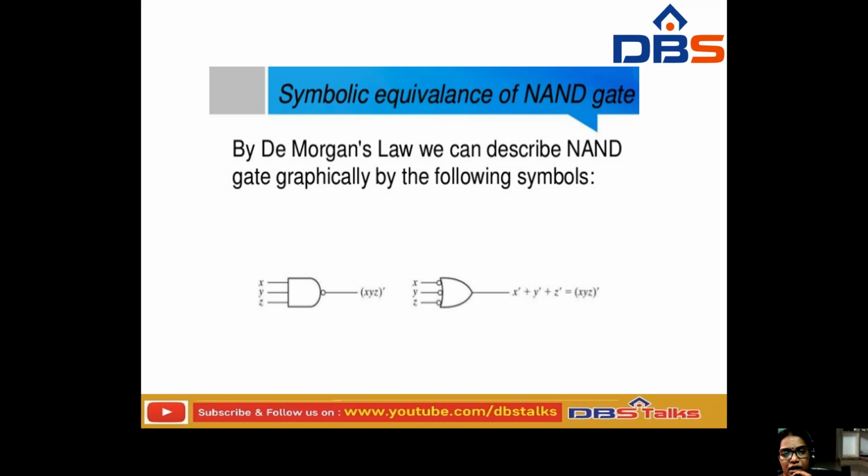So in place of this NAND gate, we can use this OR gate also. This is the symbolic equivalence of the NAND gate. By De Morgan's law, we can describe the NAND gate graphically using these symbols.